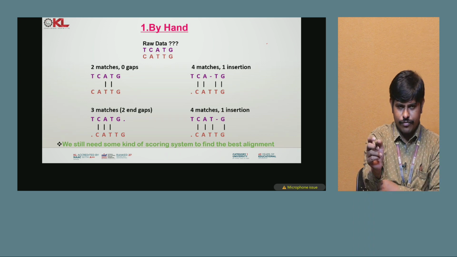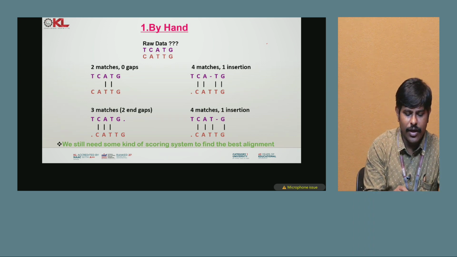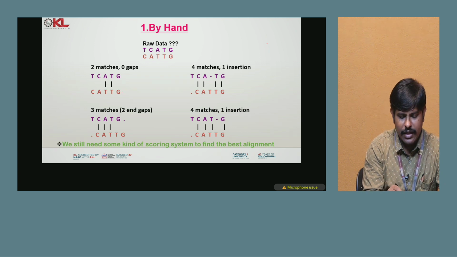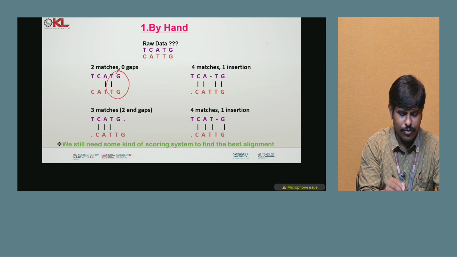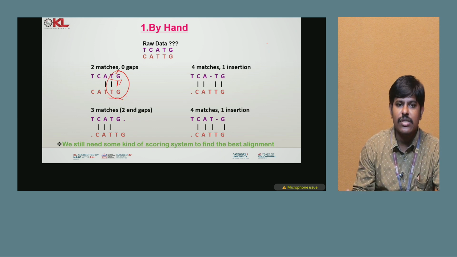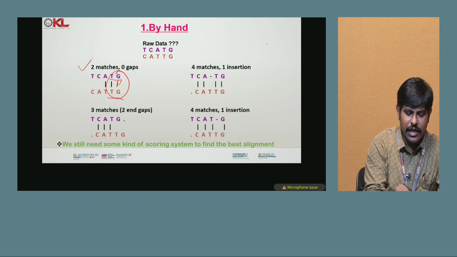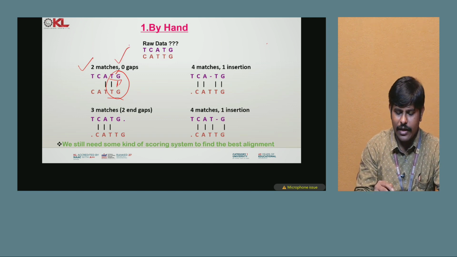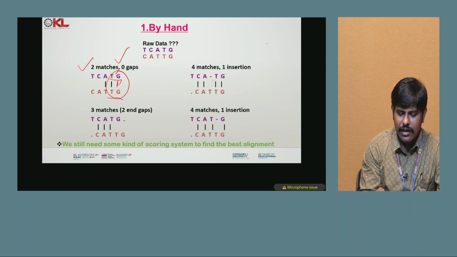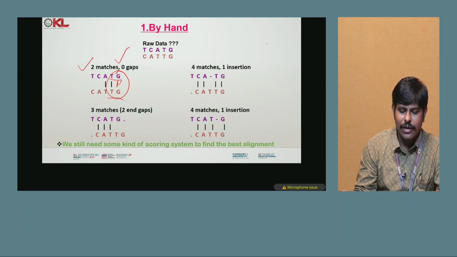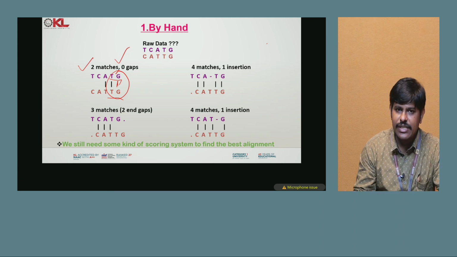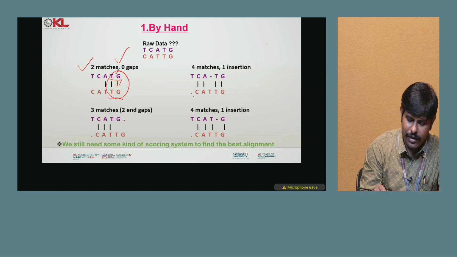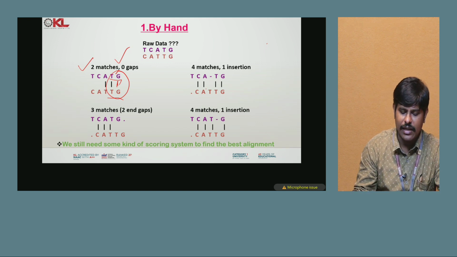Now you see, first, without inserting gaps, I have TCATG and CATTG. Here the positions TG in the first sequence and TG in the second sequence are matching. So two matches and zero gaps. Next, you take the same sequences, but a gap is incorporated in the middle of the first sequence, leading to a gap at the beginning of the second sequence: TCA dash TG and dash CATTG.